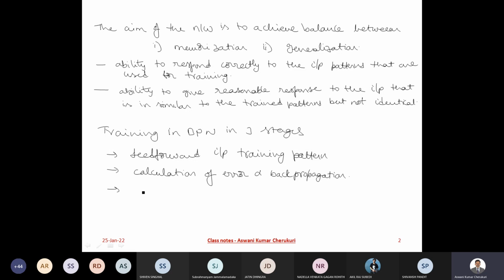Then updation of weights. These are the 3 stages in backpropagation. You present the input from the input layer to the hidden layer, then the hidden layer to the output layer, then calculate the actual outputs. This is how the feed forward activation propagates in the forward direction. Once that is done, start calculating the error, and once the error is calculated, propagate it backwards.